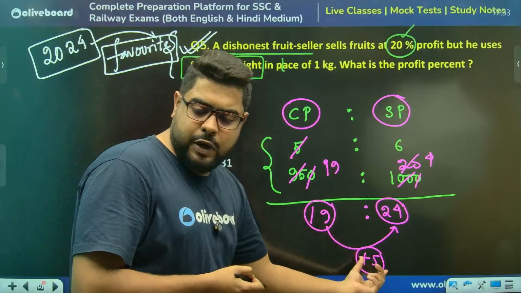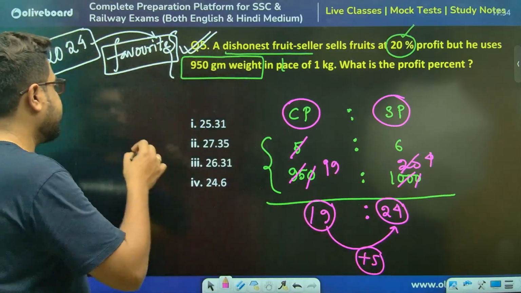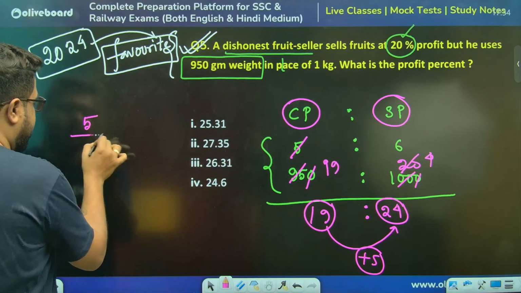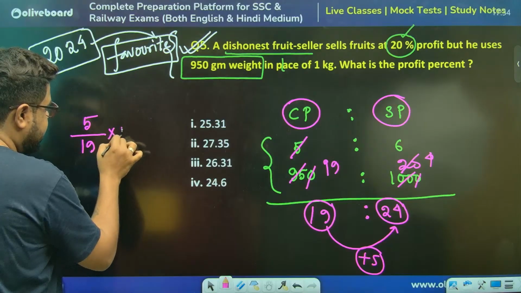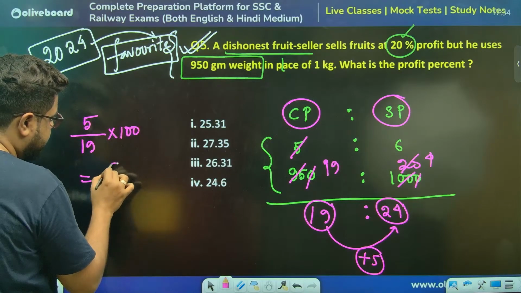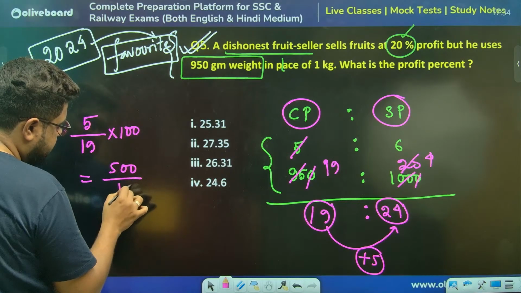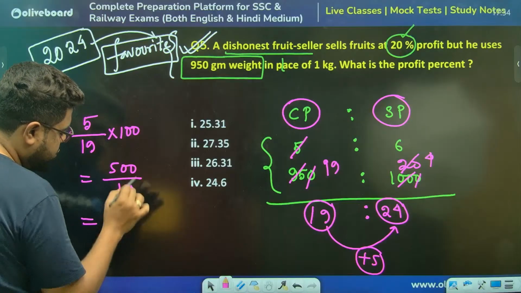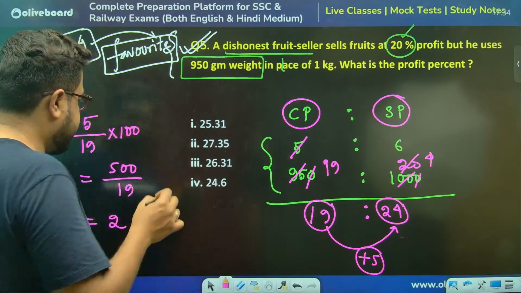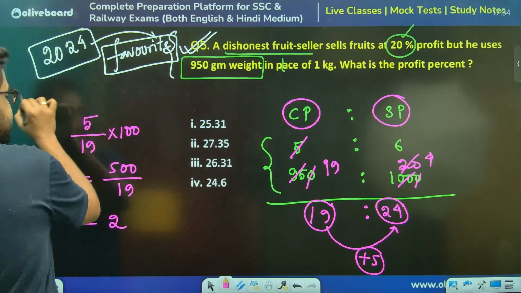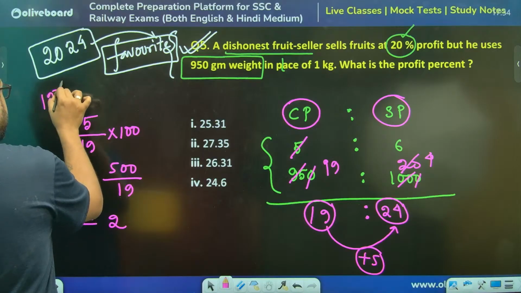So 5 rupee profit on CP of 19. So 5 out of 19 into 100, sir. So 500 by 19. So 19 twos are 38. So 38 means 12 remaining, right?